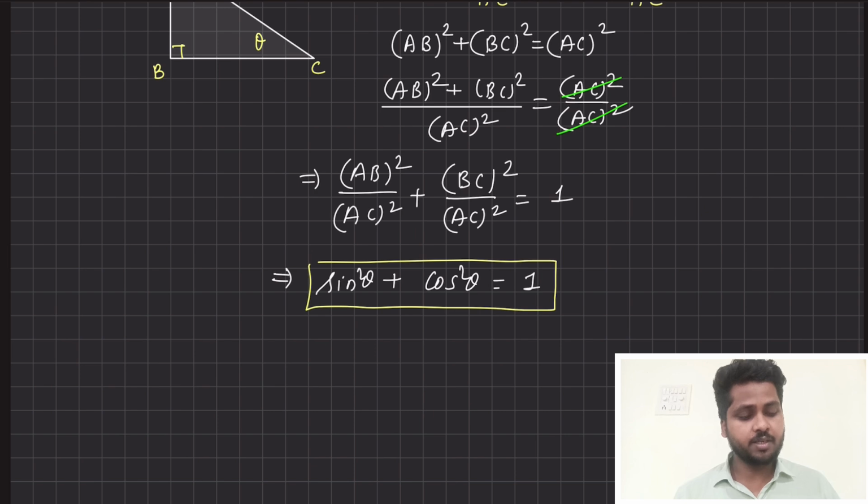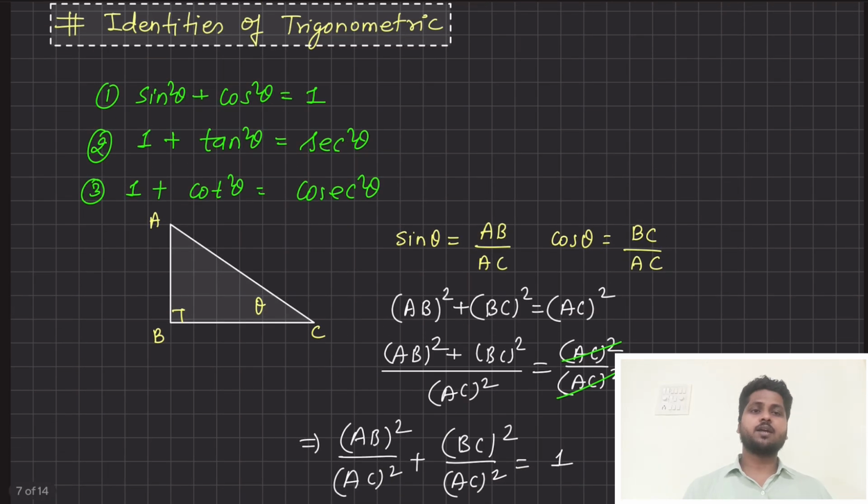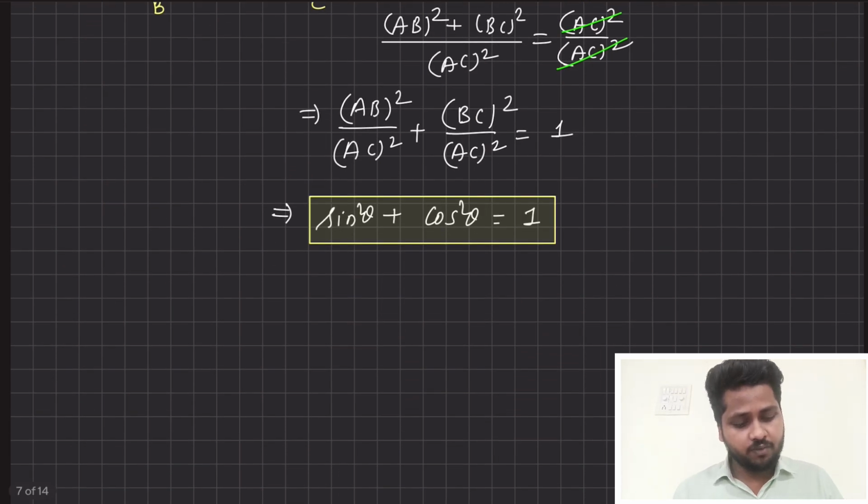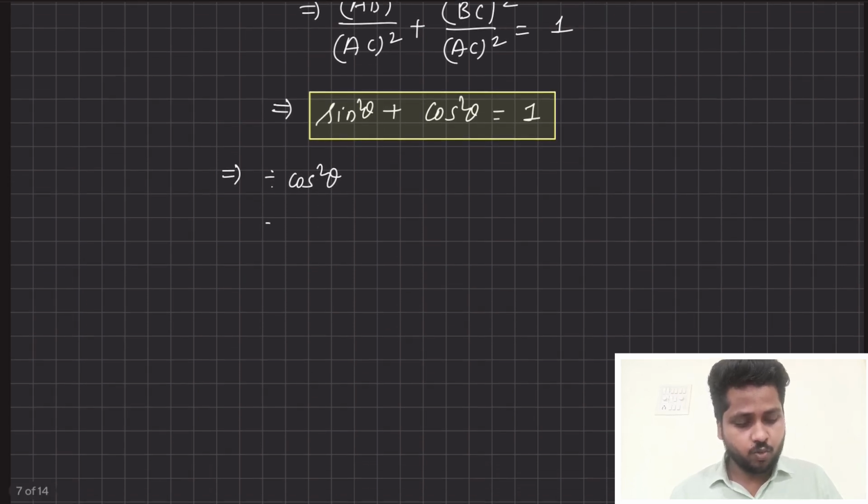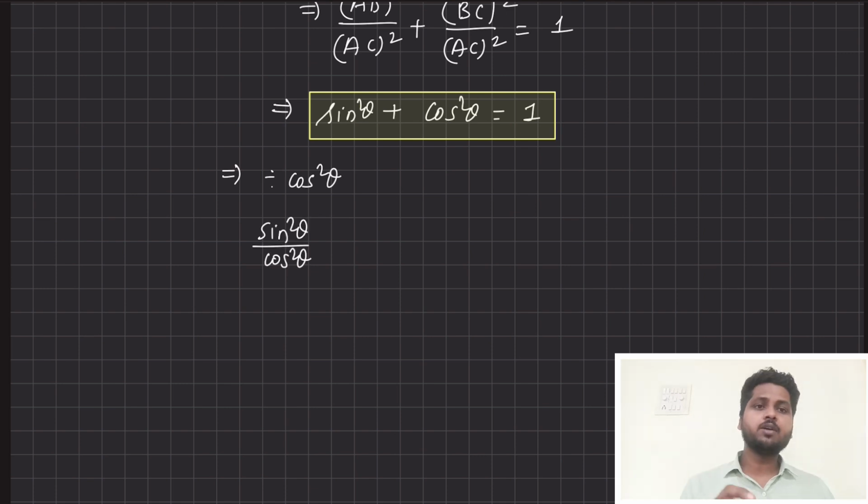To get the second identity, what I will do is, I need 1 plus tan. I know that sine upon cos is nothing but tan. So if I divide by cos square theta here, then what will I get?